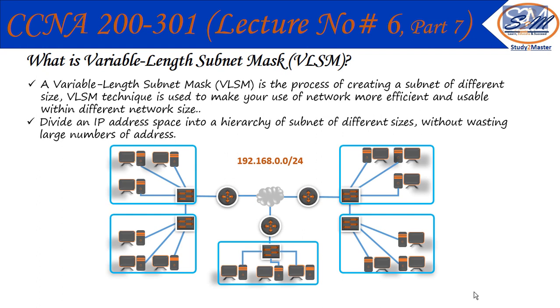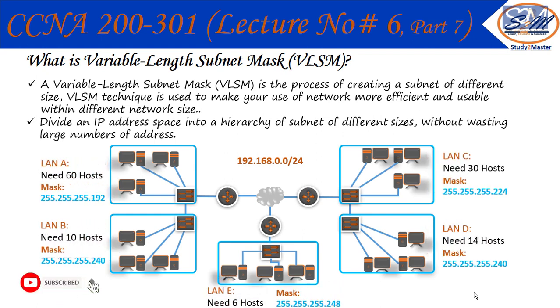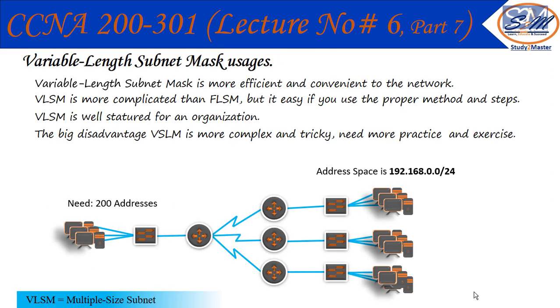Divide an IP address space into a hierarchy of subnets of different sizes without wasting a large number of IP addresses. In this diagram, we have 4 LANs with one connection, each LAN with a different IP address and different subnet mask. So this is called VLSM. Variable length subnet mask is more efficient and convenient for the network.